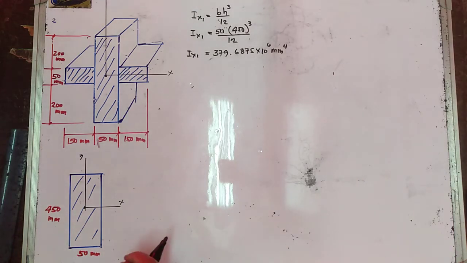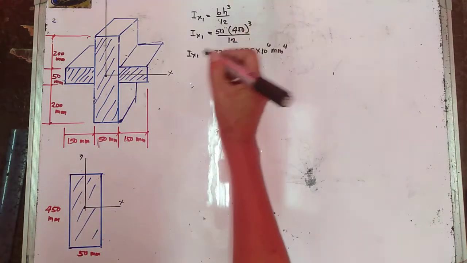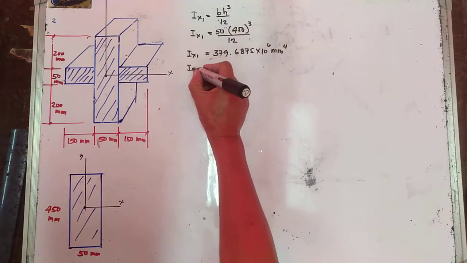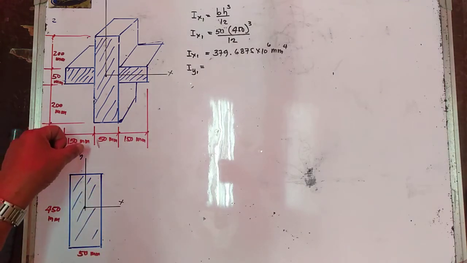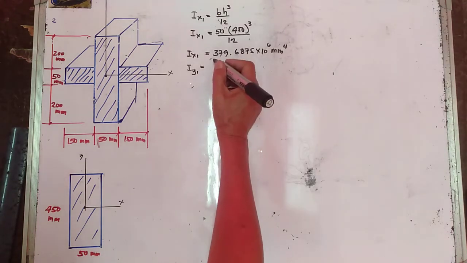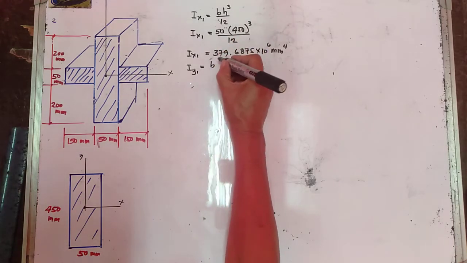And then we have the moment of inertia with respect to the y-axis. Your Iy1, again, is passing through the centroid, so Iy1 is still equal to bh cubed all over 12.